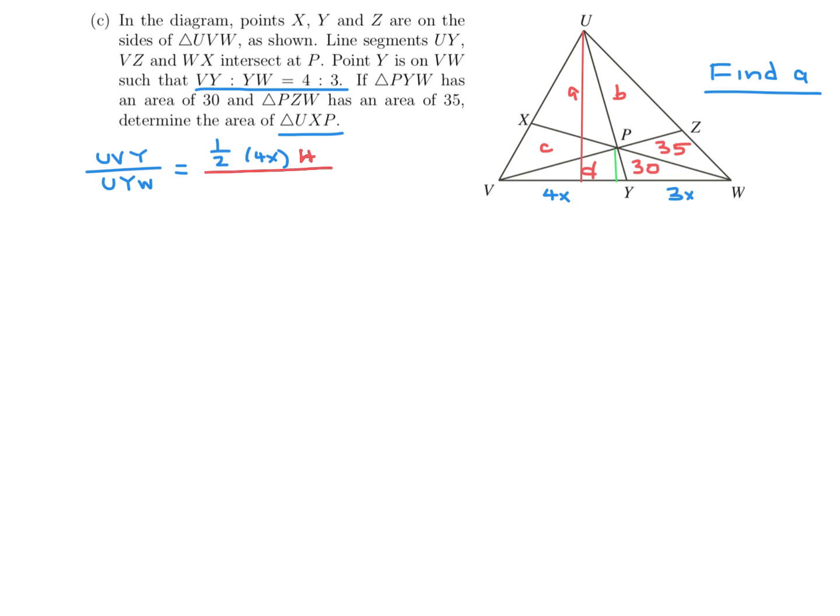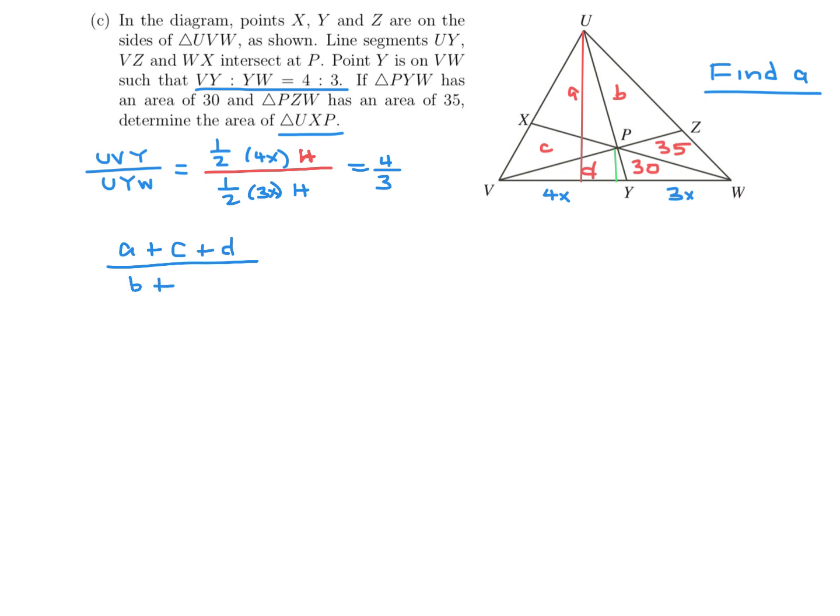So then the UYW triangle, UYW is 1/2 base 3x this time times H. So this just becomes 4/3. Now I want to use my letters. So UVY is A plus C plus D. And UYW is B plus the 35 plus the 30.